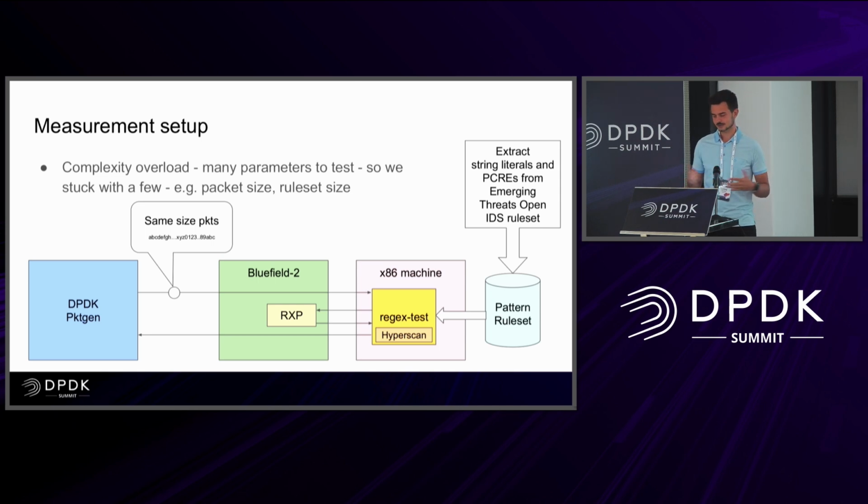A regex engine is not an easy task to benchmark. So in the end, we just went with a fairly simple benchmark of having pktgen as the packet generator, which was just generating same-size packets. And as input to the regex engine, we were providing patterns and regexes from the intrusion detection system Suricata.